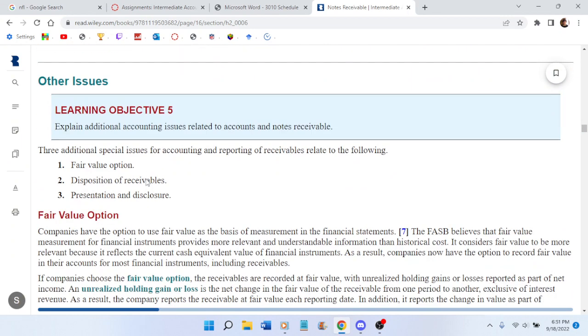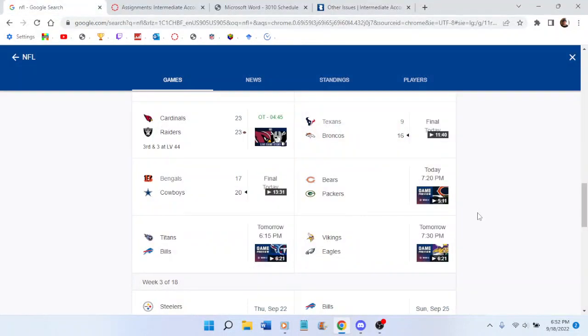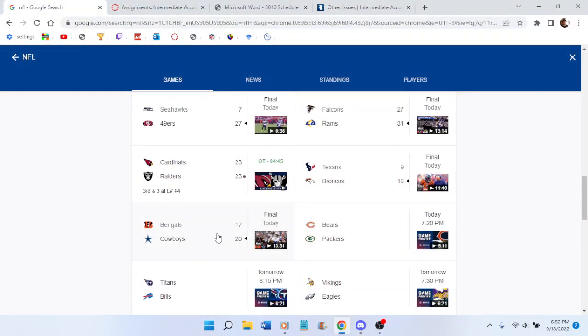Yeah, that whole section was pointless. What happened? The Cowboys beat the bank. Are you serious? Okay. Oh, this one's going to overtime. That's pretty cool.